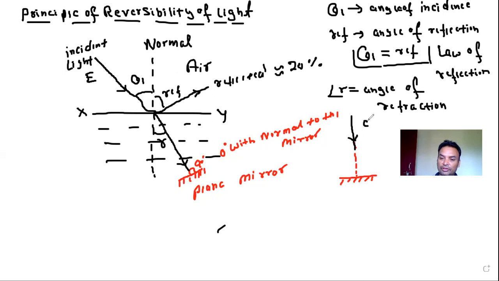It is 0 degrees. When the light travels along the normal, it will retrace its path. After reflection from this point, it will go back by the same path. The same thing will happen in this case also. The light will go back by the same path.